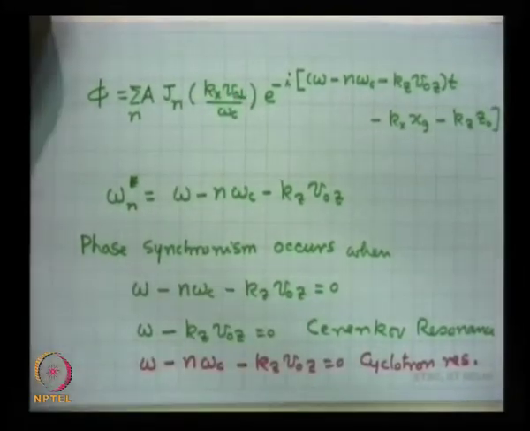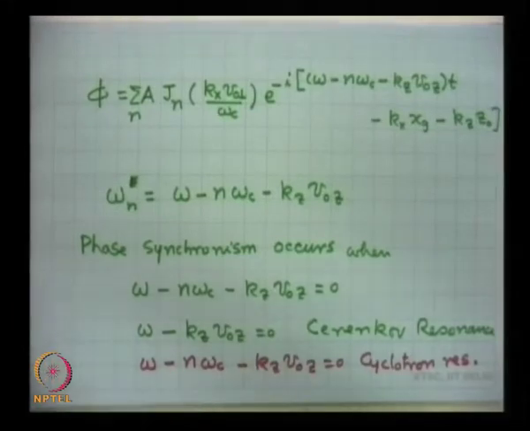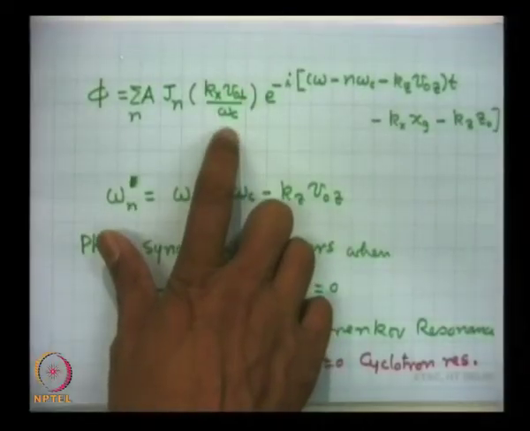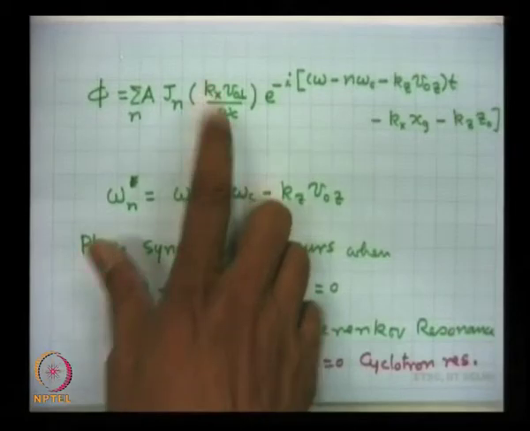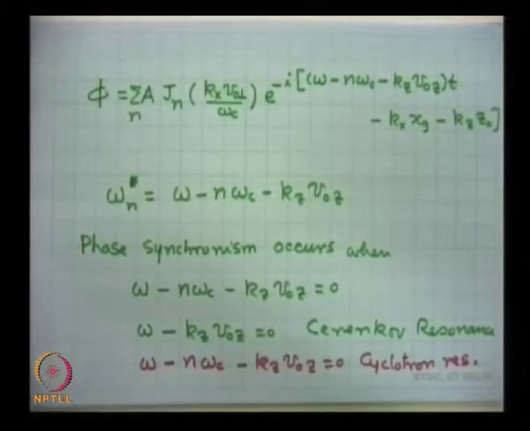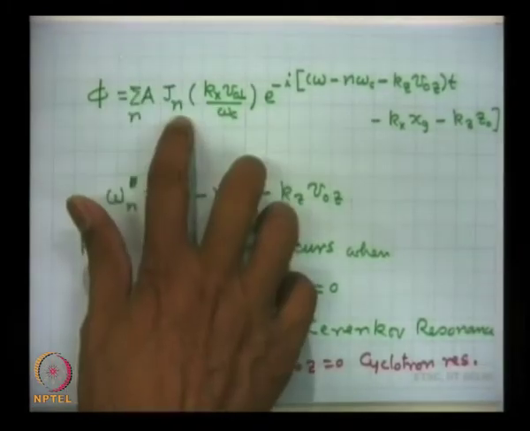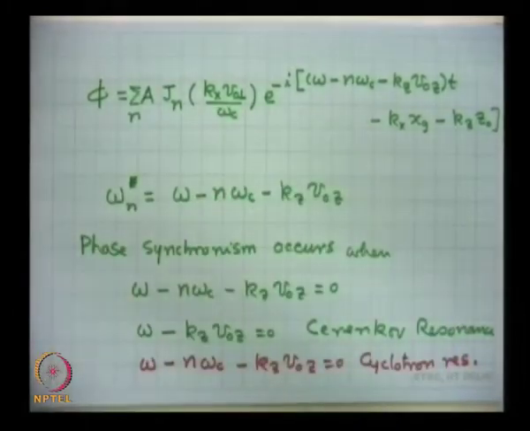In a thermalized plasma, Maxwellian plasma, different electrons are gyrating with different velocities. So, some typical average velocity I can take to be like thermal velocity. So, whenever kx v thermal upon omega c is comparable to 1, not too small. If it is too small, then only the n equal to 0 term survives, other terms are not important.